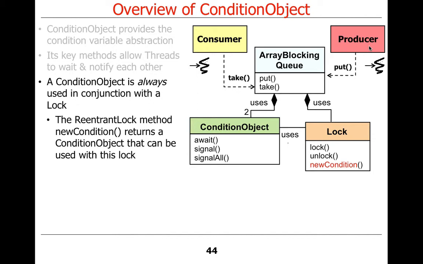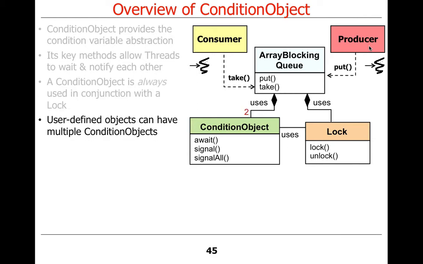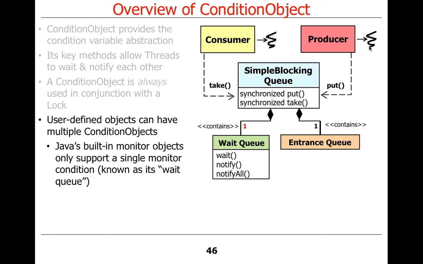It doesn't expose the fact it's a condition object to you, but it is under the hood. And you can take a look at this link to find out more about that method. Now, here's where things start to get different from monitor objects. So monitor objects, remember, they just have one monitor condition or wait queue. User-defined objects can have as many condition objects as they want. It's totally up to them as to how many they define and how they use them, unlike built-in monitor objects.